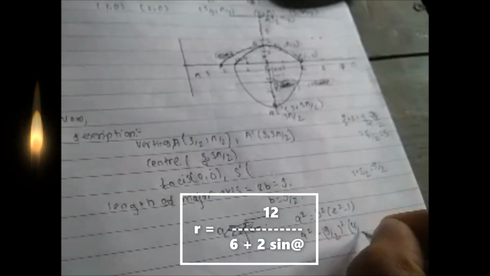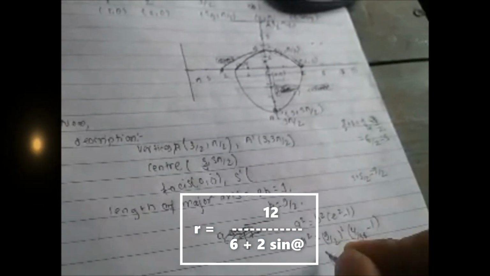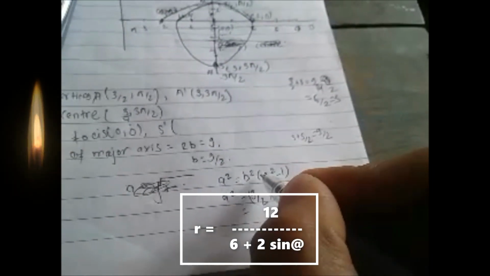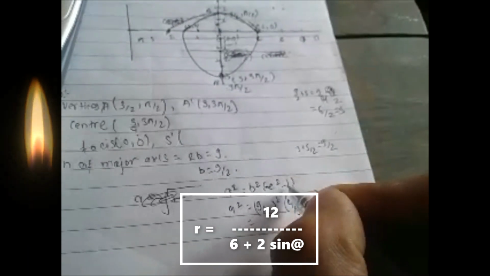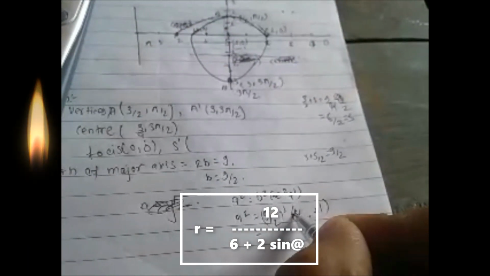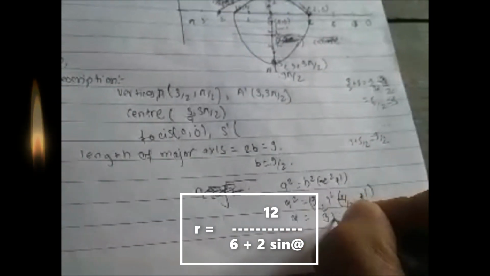What is the value of e? 2 by 6, 4 by 36 minus 1. Sorry, it is an ellipse, so it is 1 minus e square for an ellipse, plus here would be minus. So the value of a would be 3 root 2.